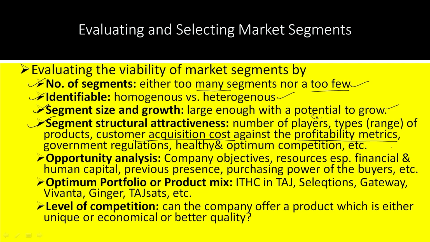The next is government regulations, whether the government is allowing or not allowing. Let us say the company is trying to come up with a product for international borders. Now, during what times are these international borders open? Or maybe the company is trying to come up with a product for an international border between two countries which is very sensitive.